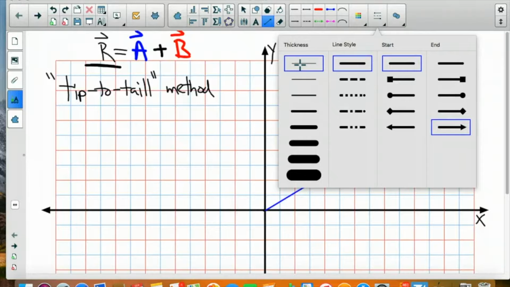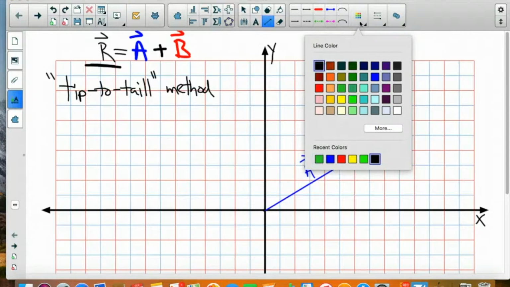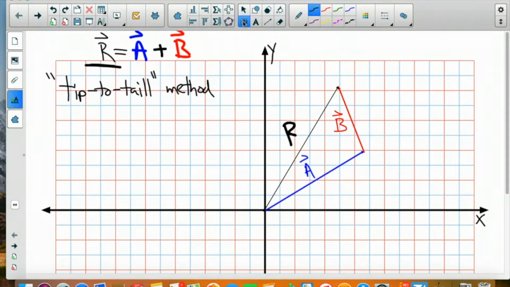So let's use black. If it starts here, oh, that's red, and goes there. So start here and goes there. Okay? And that would be my vector R, resultant R.